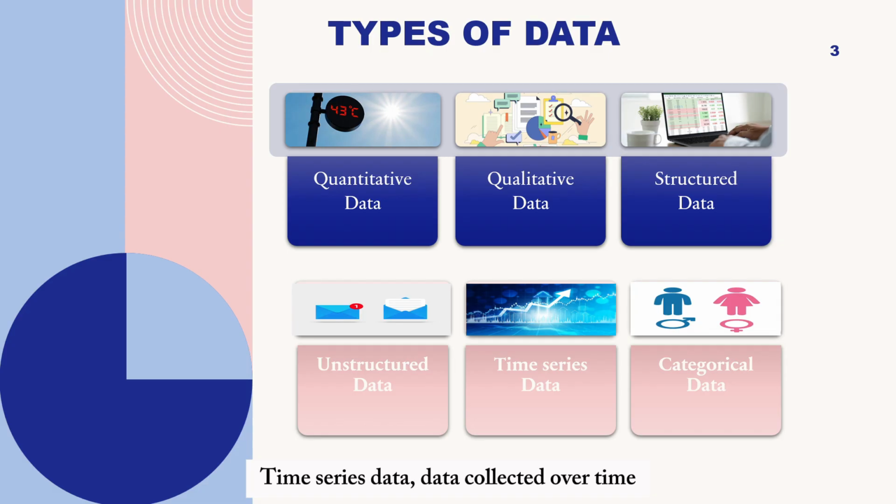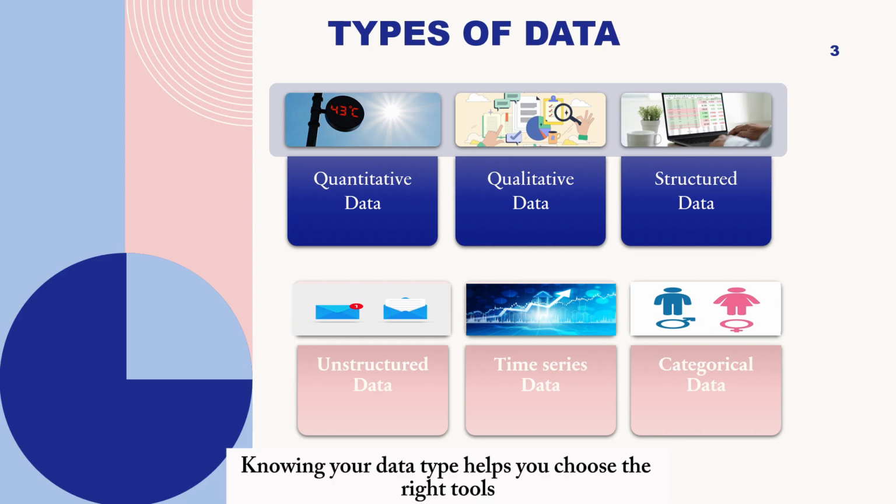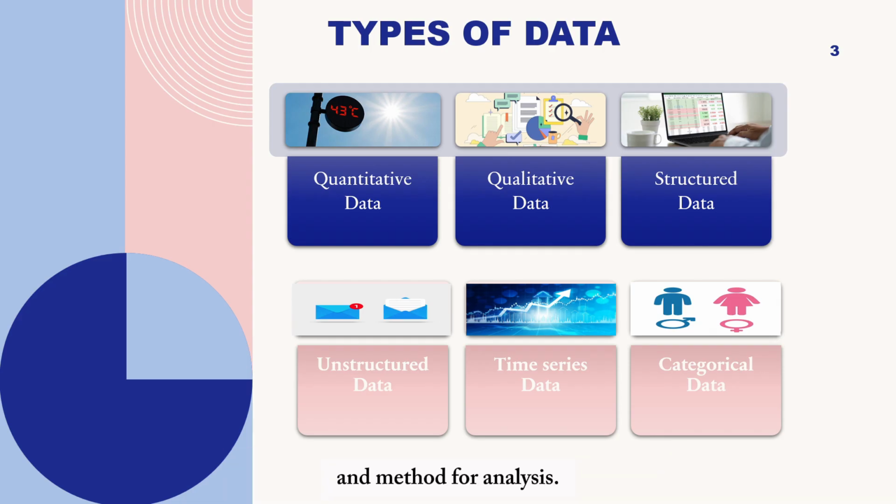Data collected over time, like stock prices or website traffic daily counts. Finally, categorical data. This is data that can be sorted into categories. For example, gender, male or female, region or product types. Knowing your data type helps you choose the right tools and method for analysis.